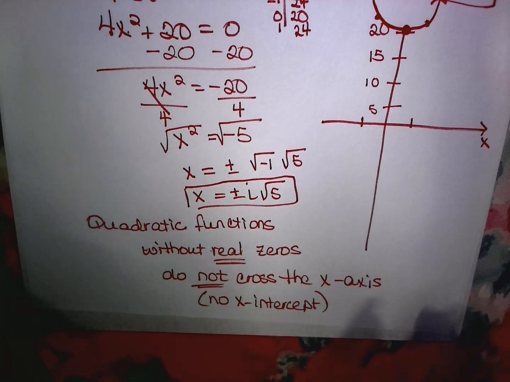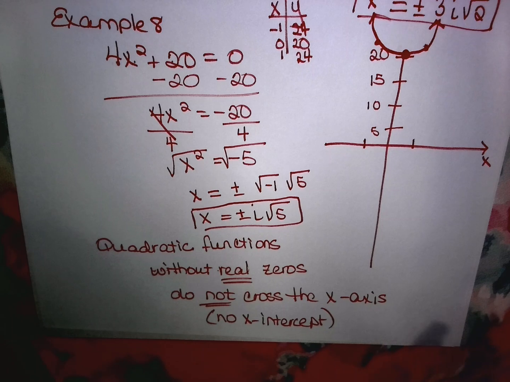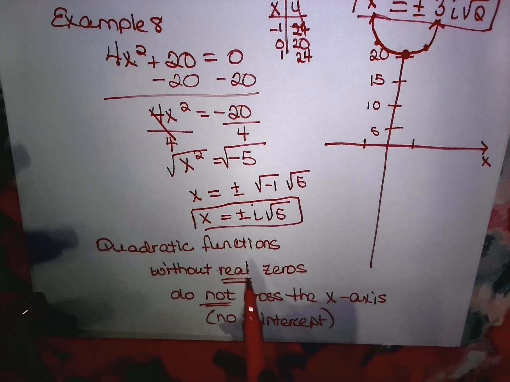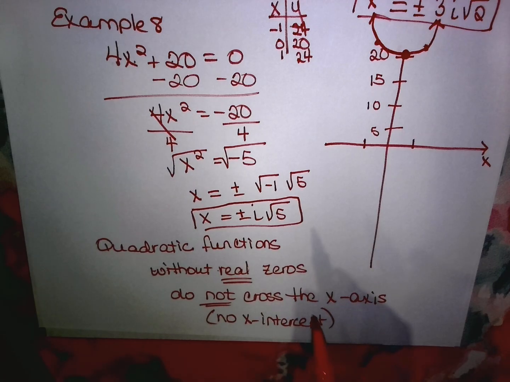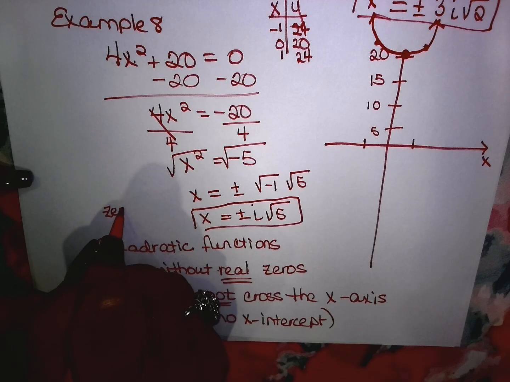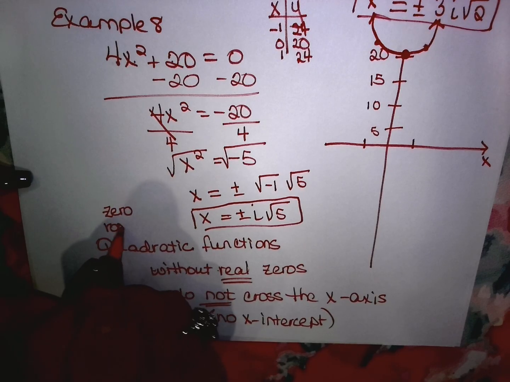Remember I told you when we first started this whole thing that roots and zeros and solutions and x-intercepts all meant the same thing? Well, they do when it's real numbers. When it's imaginary numbers, you just remove the x-intercepts. This is still a zero. These are still the roots.